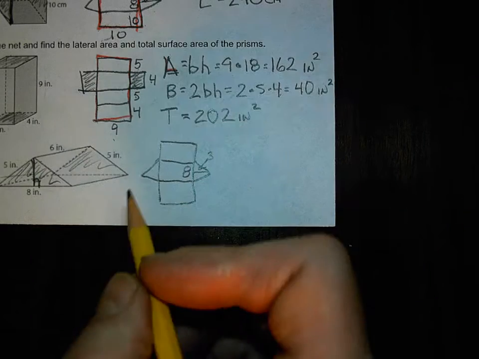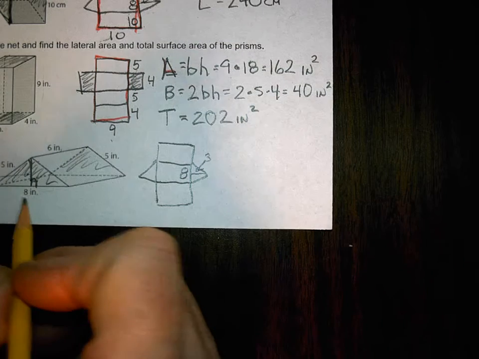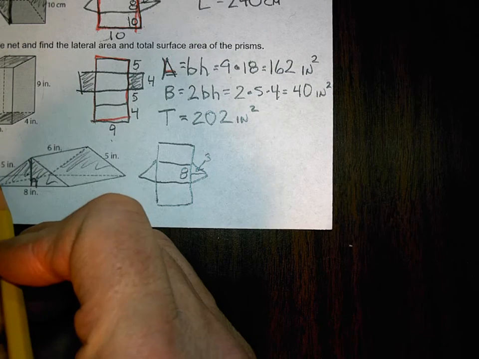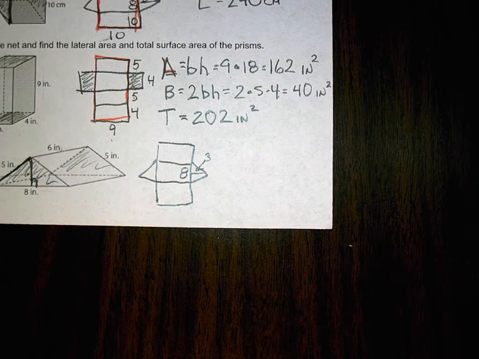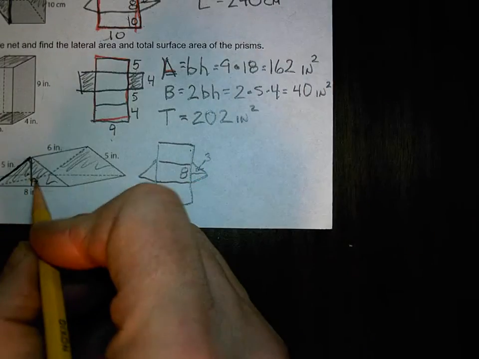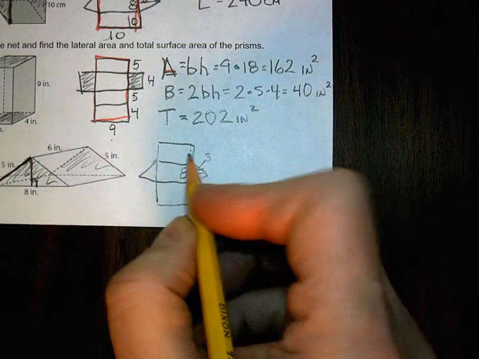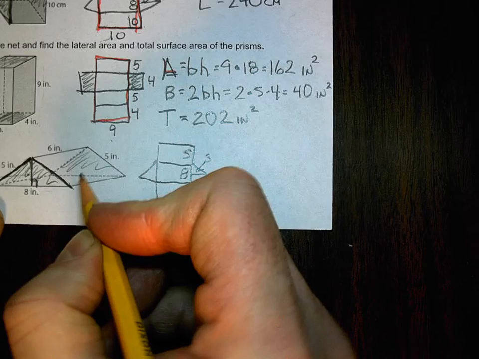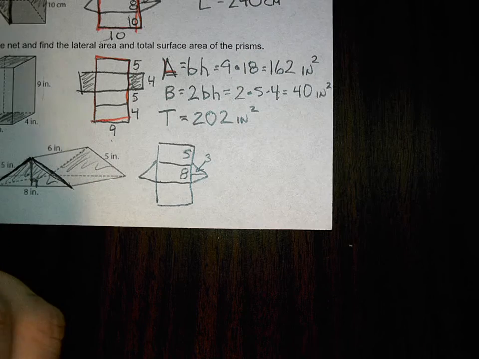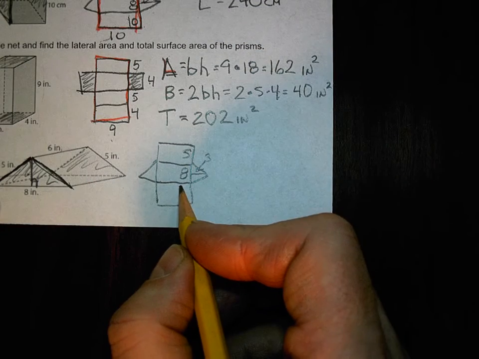So for my other two sides, I'm just going to go around my triangle. What's this length here? 5. And this length right here? 5. Are you guessing? It is 5.